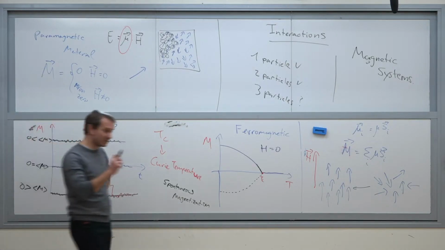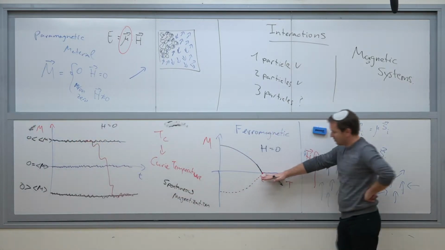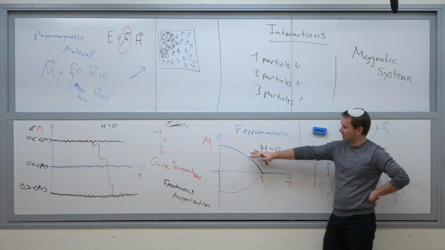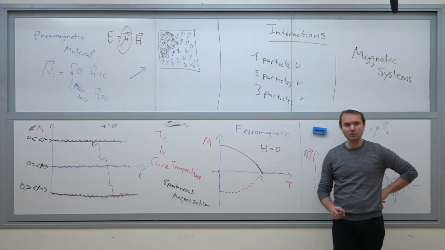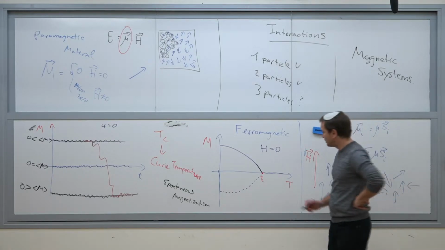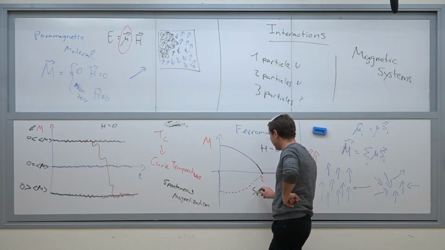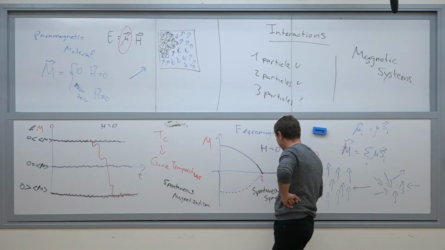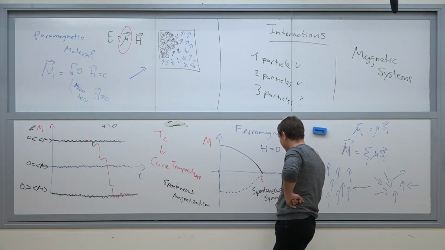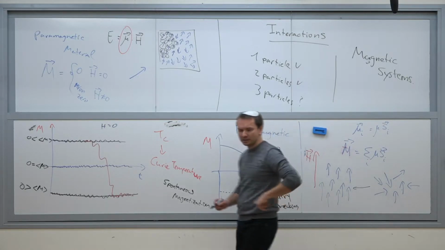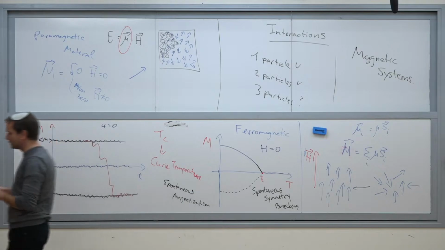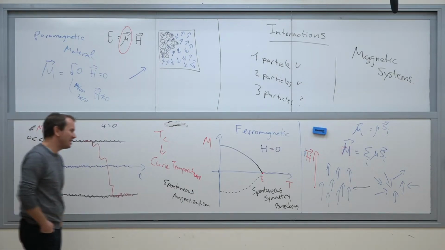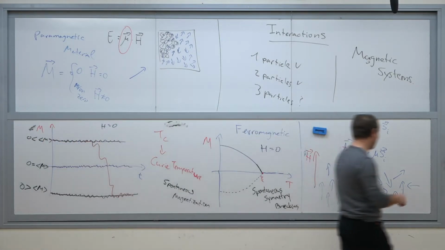And the interesting part, specifically this part, when we had a 0 and then magnetization occurs, is also called in physics spontaneous symmetry breaking.